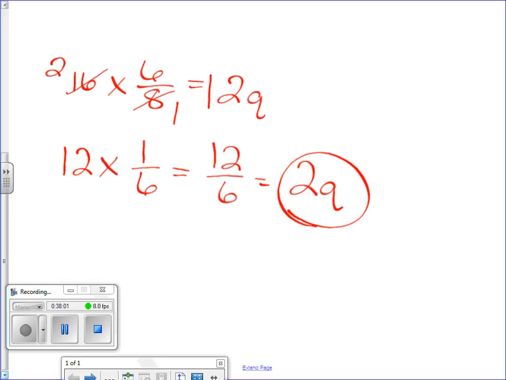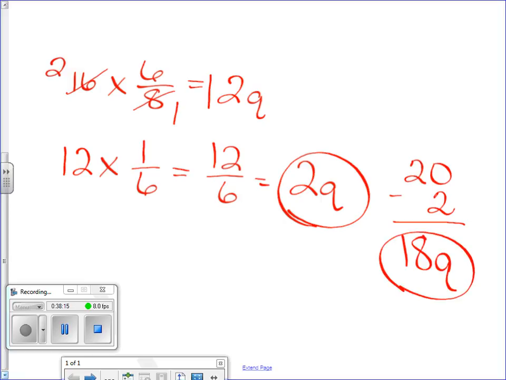She needs to buy, what? 18. Because she still has 2 quarts left. So it'd be 20 minus 2. She would only need to buy 18 quarts. Does that make sense? Yeah.